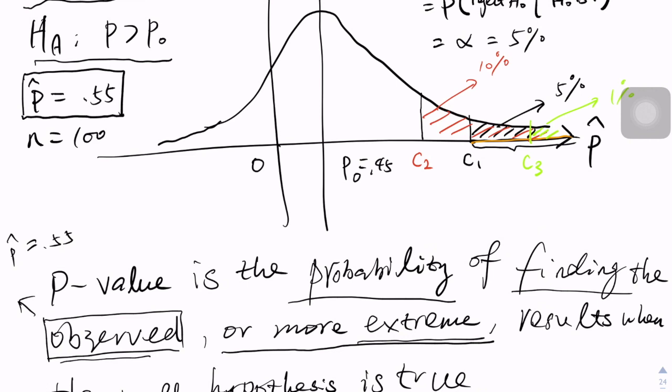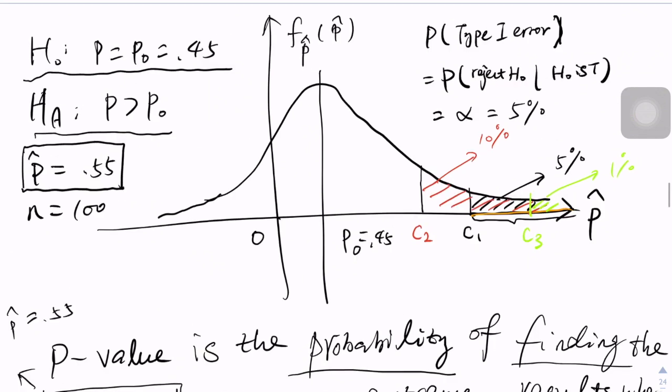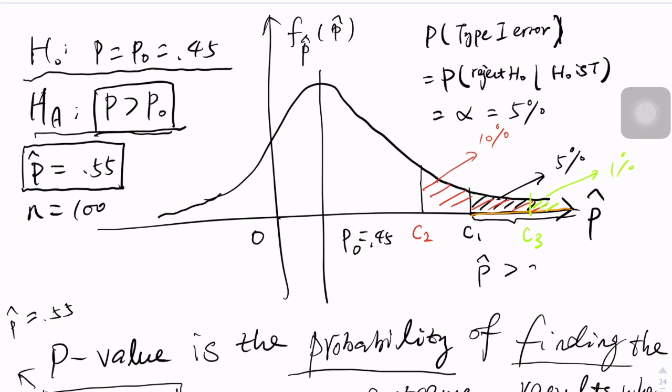Here extreme means rarer. Because our alternative hypothesis is p is larger than p0, when you did the rejection region method, essentially you just needed to find a rarer case, right? So when p hat is larger than a critical value, it goes this way, and it's a more extreme case.